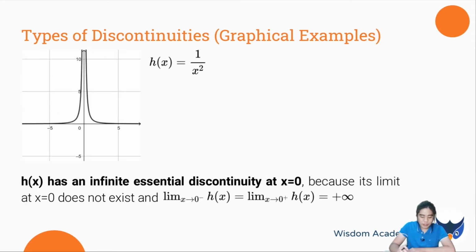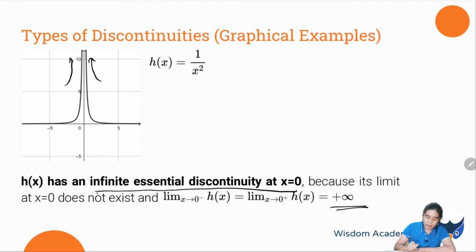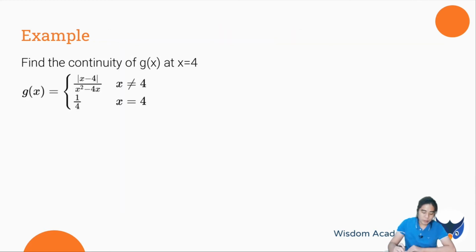And lastly, infinite essential discontinuity. So, infinite naman siya dahil yung limit as x approaches the value of 0, papunta siya sa infinity. So, the limit is equals to infinity. Therefore, the function has an infinite essential discontinuity at x equals to 0. Okay? So, example.